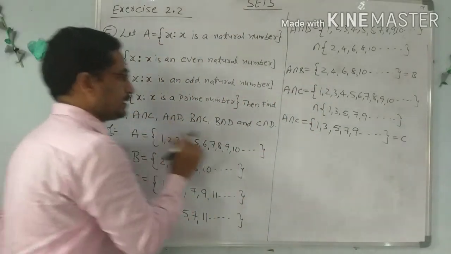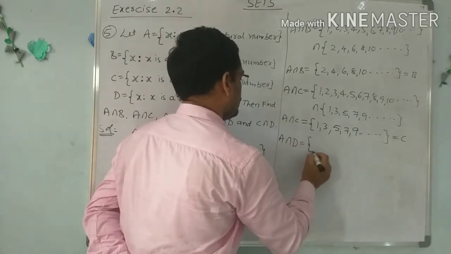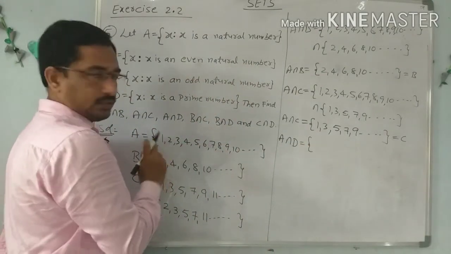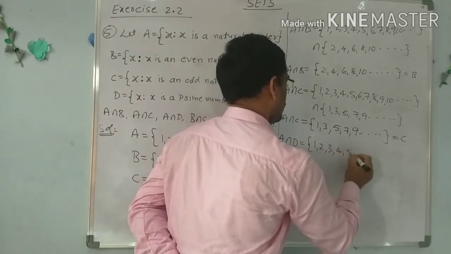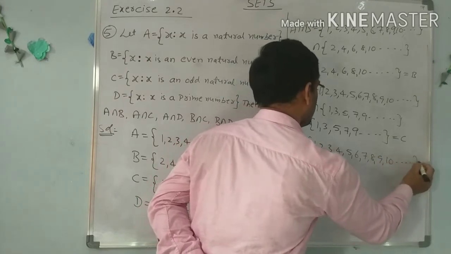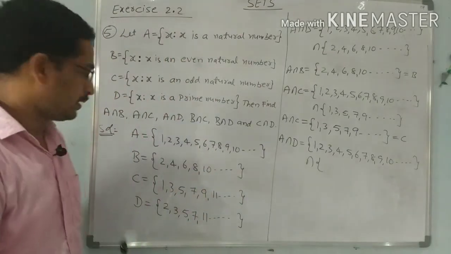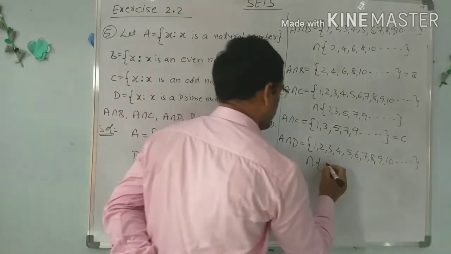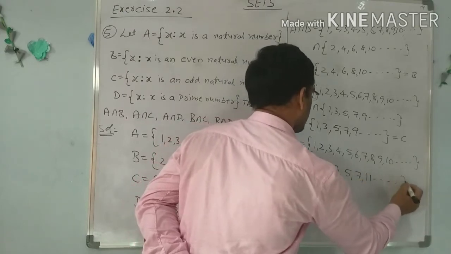Next, A intersection D. First the elements of A: 1, 2, 3, 4, 5, 6, 7, 8, 9, 10 and so on. Intersection, the elements of D. The set D contains all the prime numbers: 2, 3, 5, 7, 11 and so on.